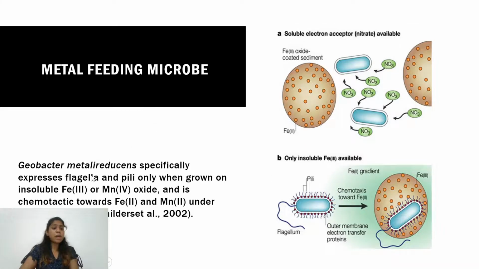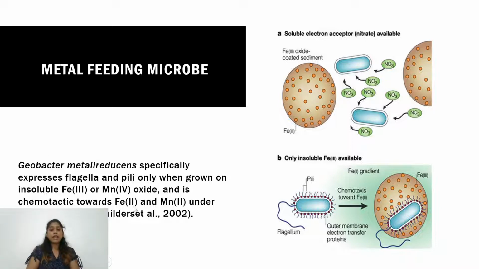Geobacter metallireducens is another species of this Geobacter genus. Earlier we saw Geobacter uraniireducens, but this is metallireducens. From the name itself, we can see that it can help in reduction of metals, heavy metals.